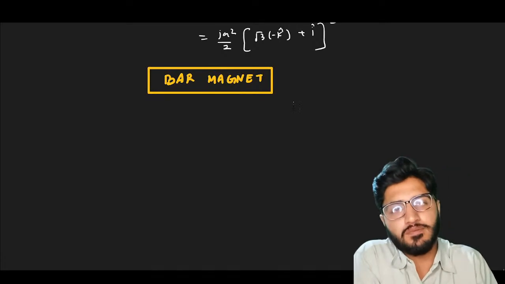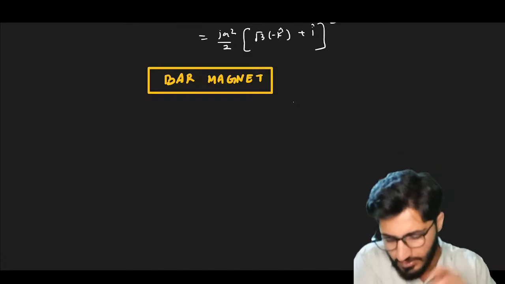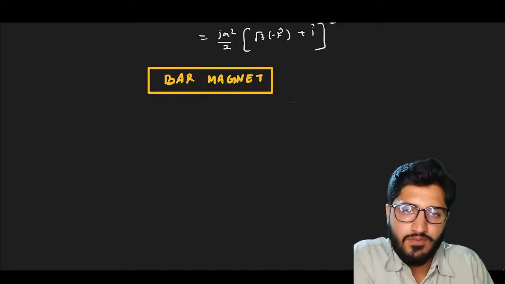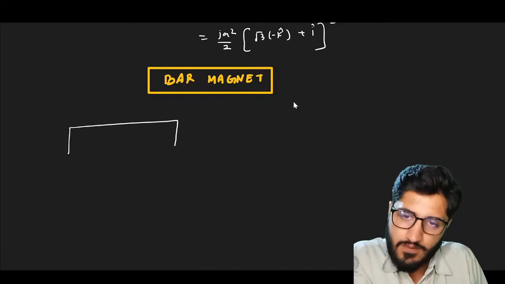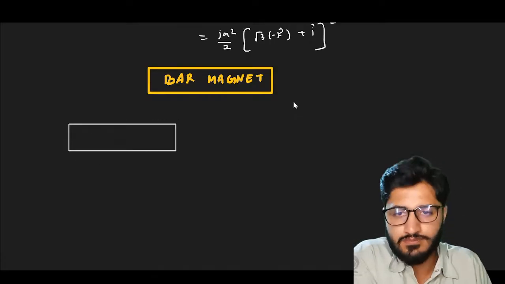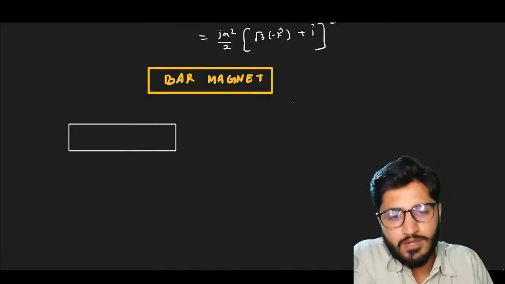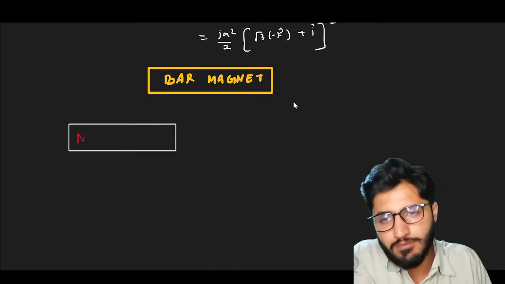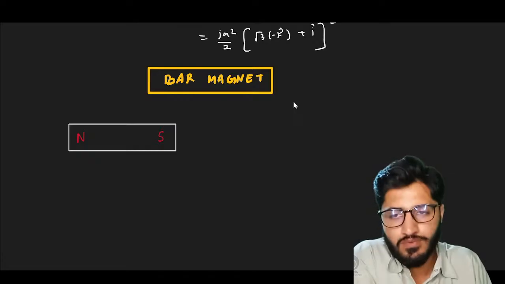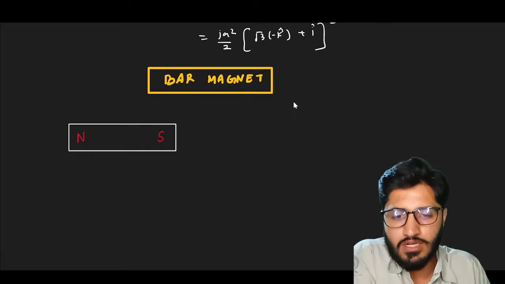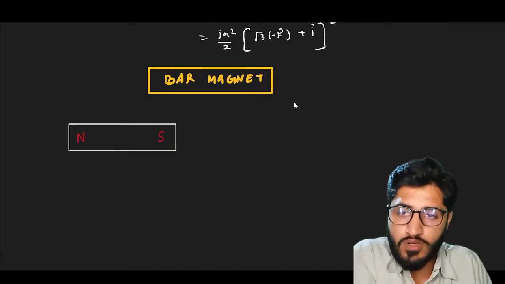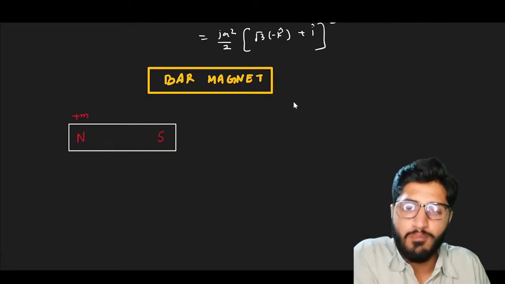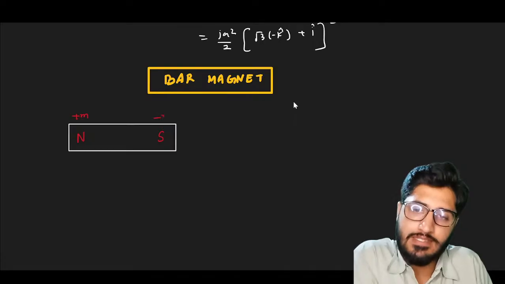Bar magnet simply indicates that we have a magnet like this. One pole means the north pole, N means north, and one is the south pole. The pole strength of this north pole is plus m. The pole strength of the south pole is minus m.